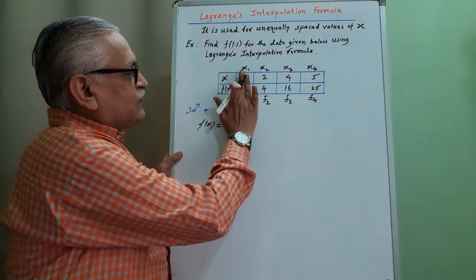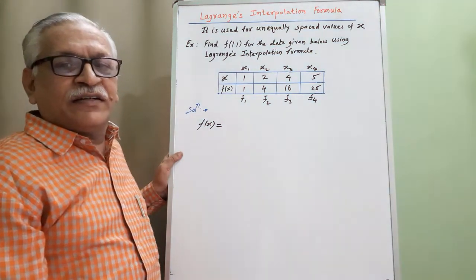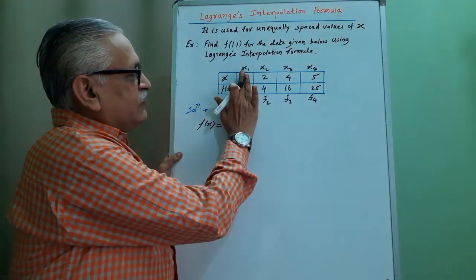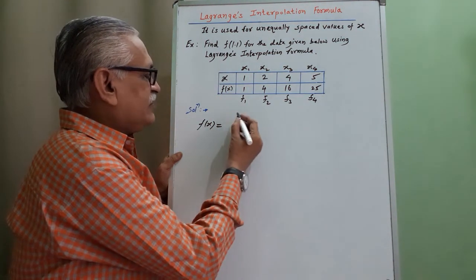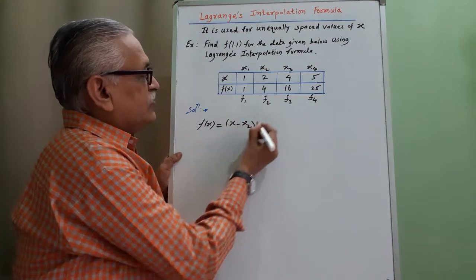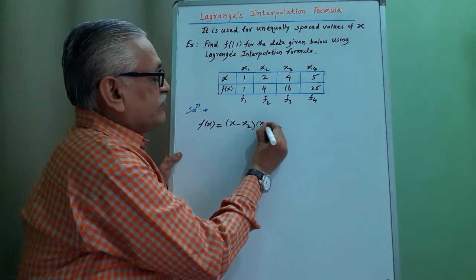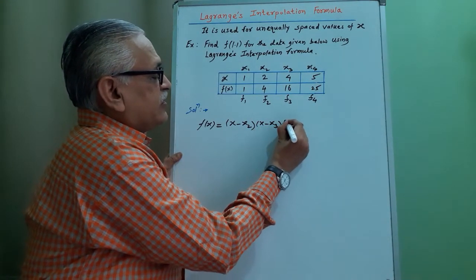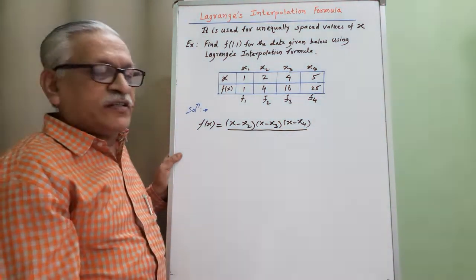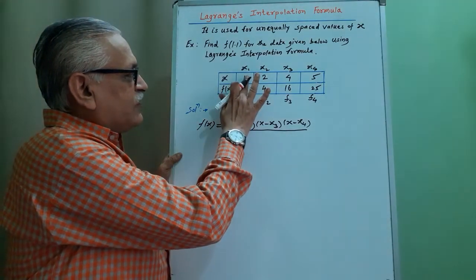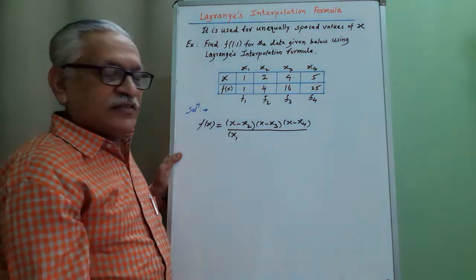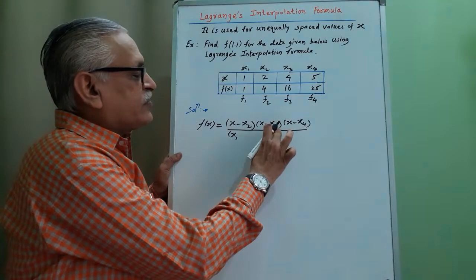First time we neglect the first point x1 and write down the product for the remaining: x minus x2, then x minus x3 and then x minus x4, whole divided by the point we neglected, considered here, and from that point we subtract the remaining points x2, x3 and x4.